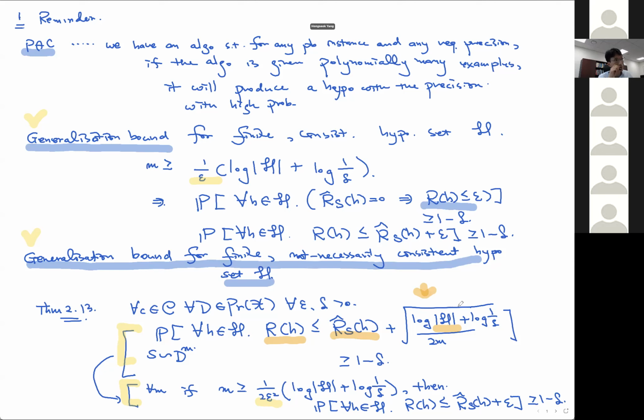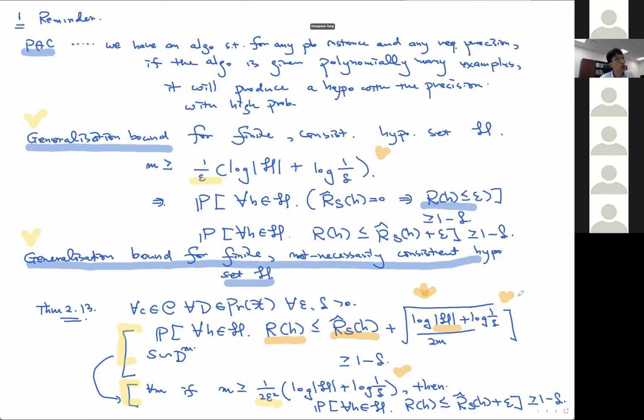Now one more bit. If you compare this generalization bound with the sample complexity that you saw above, the presence of 1 over epsilon squared is dramatic. That's also true if you view it from the bound perspective.